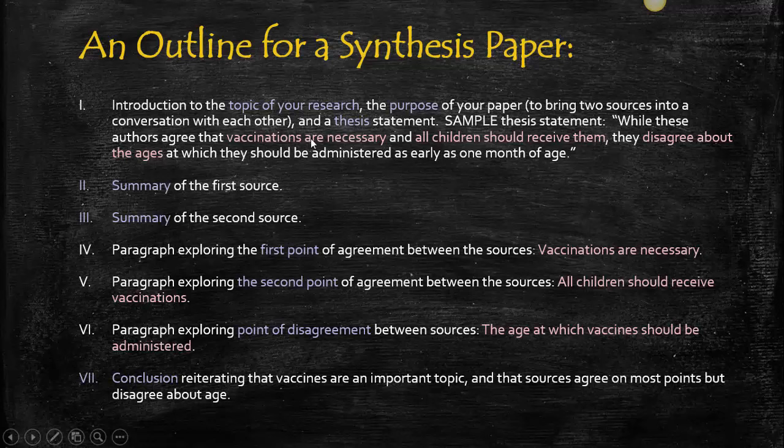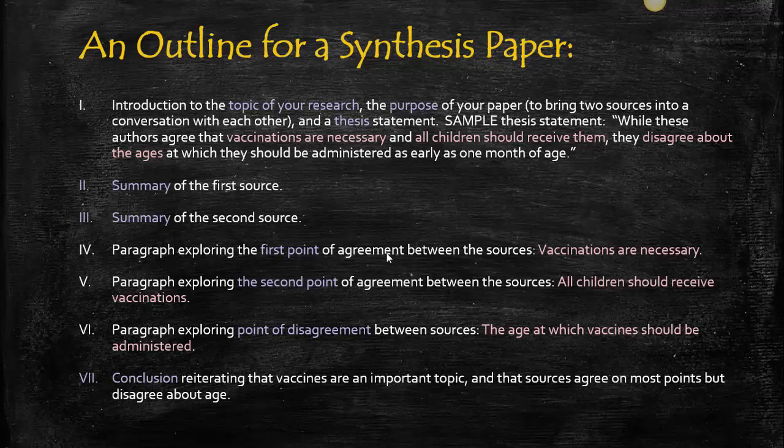So you can see that the first point here was vaccinations are necessary. And so in my first body paragraph, when I get to the synthesis part of the paper, that's the first point I talk about. A paragraph exploring the first point of agreement, that vaccinations are necessary. And I'm going to give examples from both texts. Remember, in the previous slide, I said that you needed to know where they agreed, where they disagreed, and how you know, right?